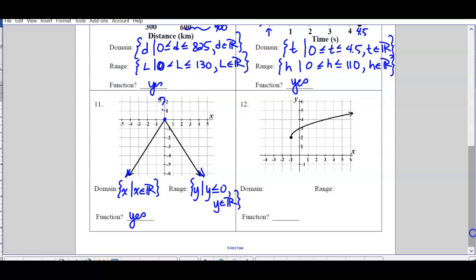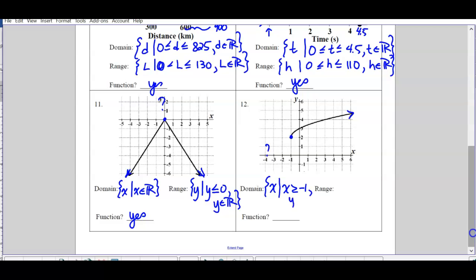Domain in the next one, again, it's continuous. It's with x. And notice how there's a point here, but an arrow here. Okay? So no x values to the left of -1. -1 is the smallest, and it's everything greater than, because it keeps on going to the right. So x is greater than or equal to -1.